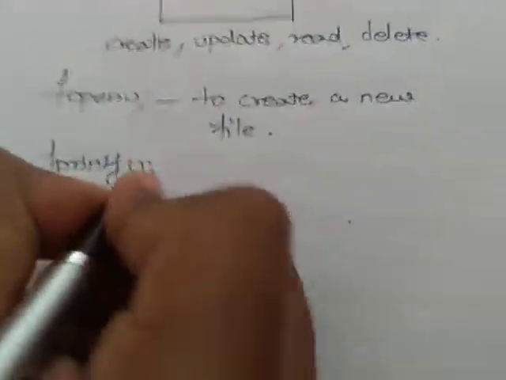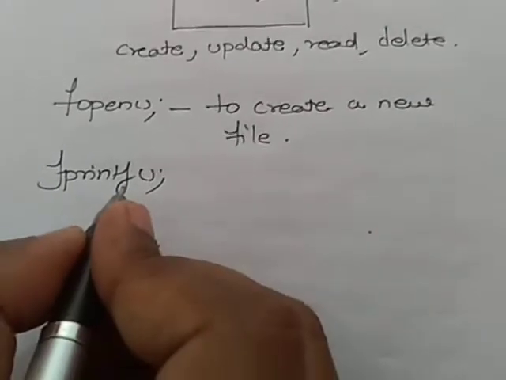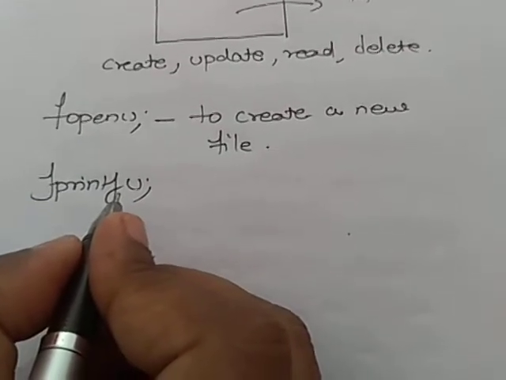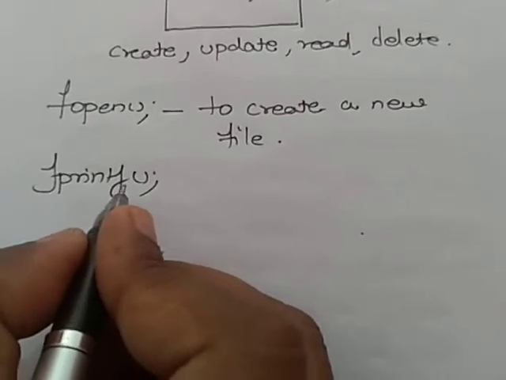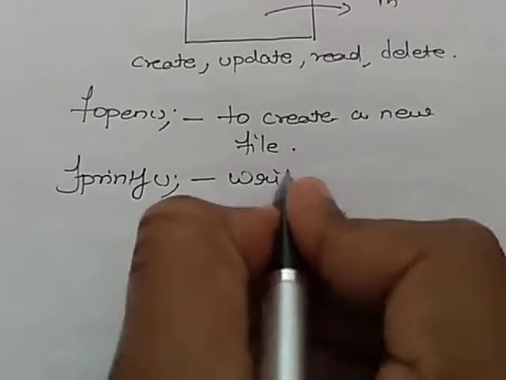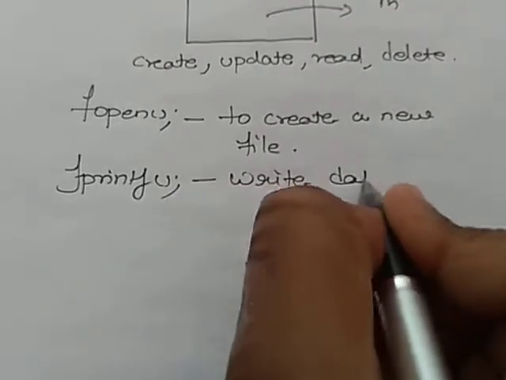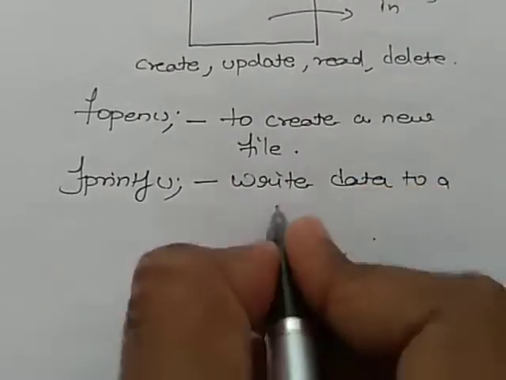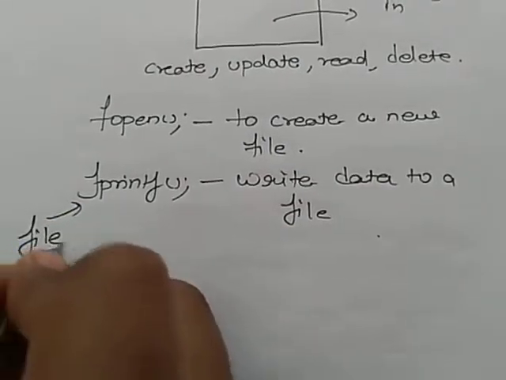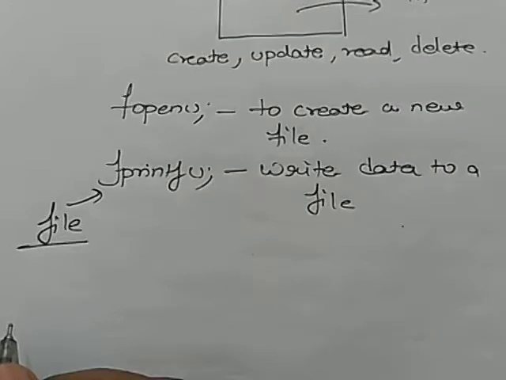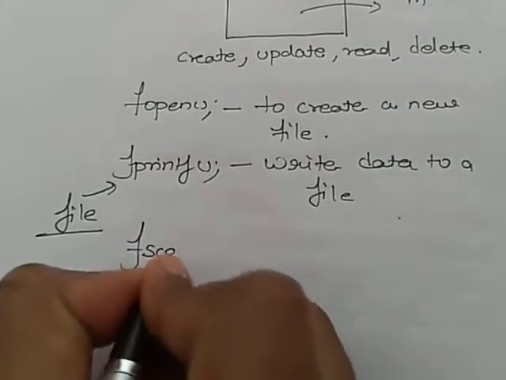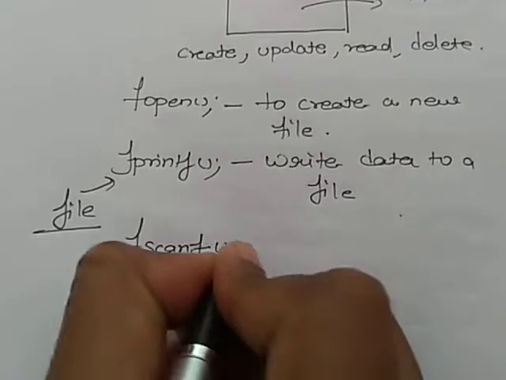The printf function, as we know, is used to write data on the console. So with the help of fprintf, we can write data to a file. Here F stands for file. Now, just like fprintf, we have the fscanf function.